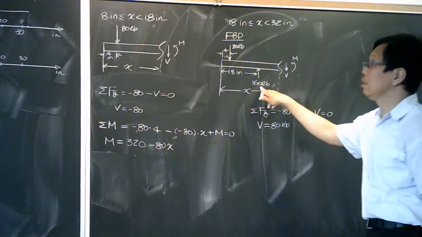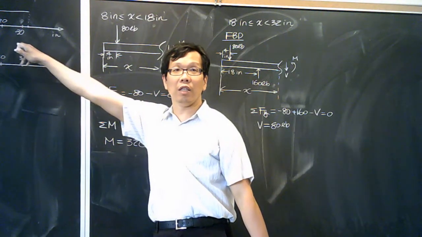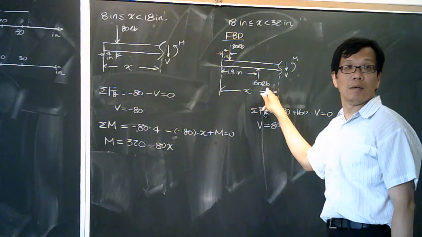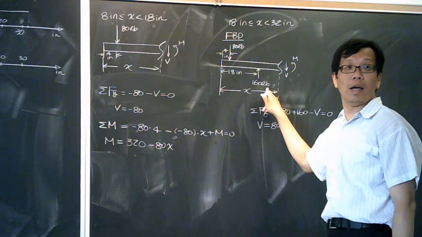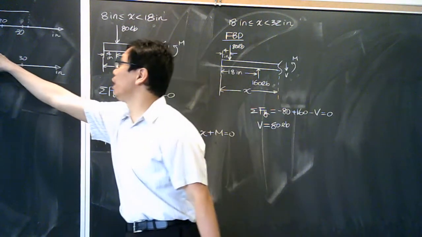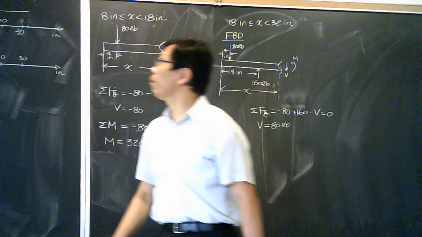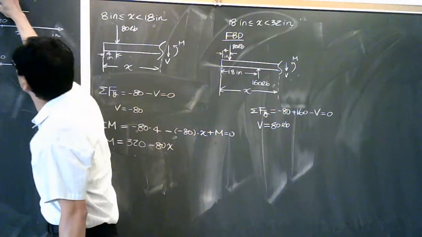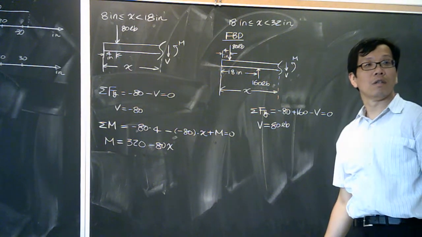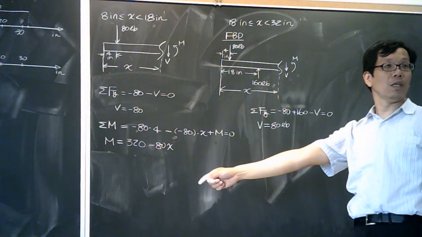Because at the 18 inch point, you add 160 pounds force right on the spot, so it will jump from negative 80 to positive 80. So far, everybody with me? Is that clear?